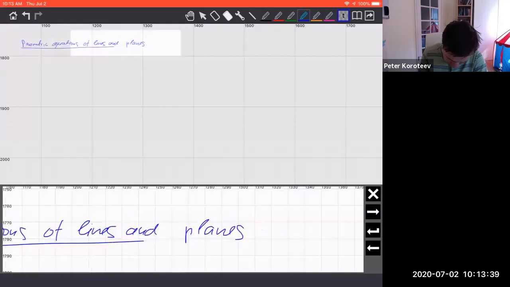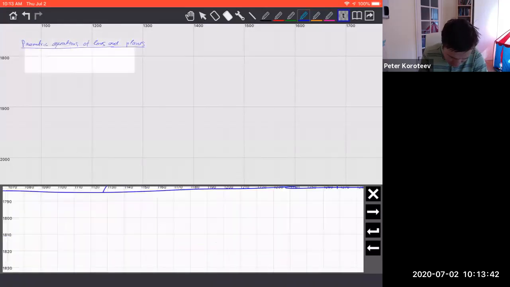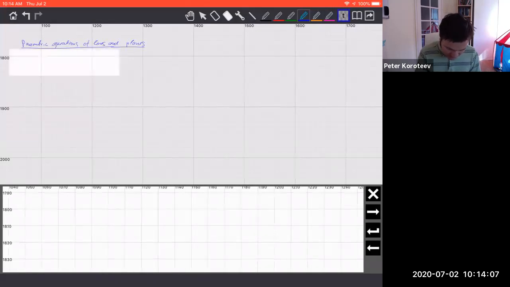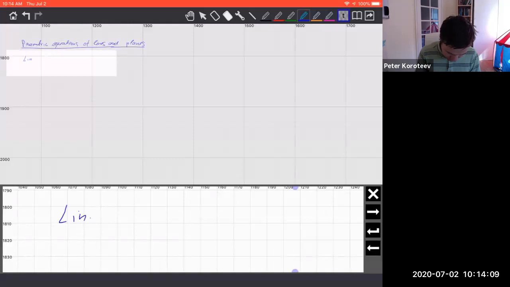You will see that instead of trying to solve some complicated 3D geometry problem, it's rather easy to use vector calculus, vector formalism, to understand how to define first lines, then planes, and then we'll talk about surfaces, using functions of many variables. So let's start with lines. Lines in 3 dimensions.